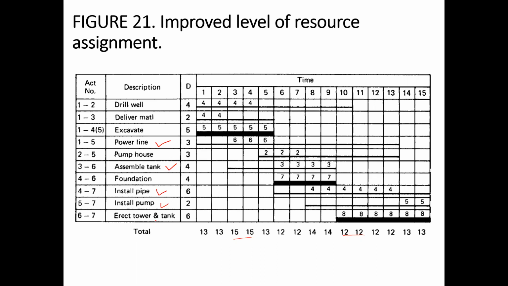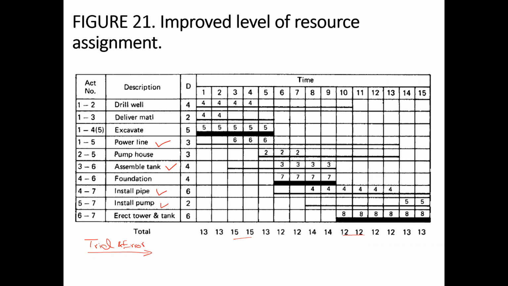But now you can ask how these changes were done. Actually, this was trial and error. Although there are some algorithms for making these changes, due to the limitation of time in this course, we are not going into those algorithms which can help us decide which activities will be moved.